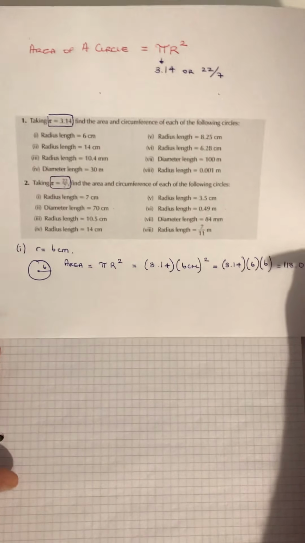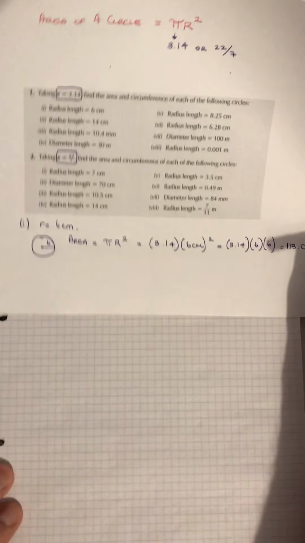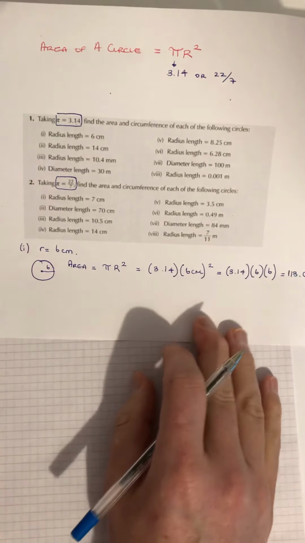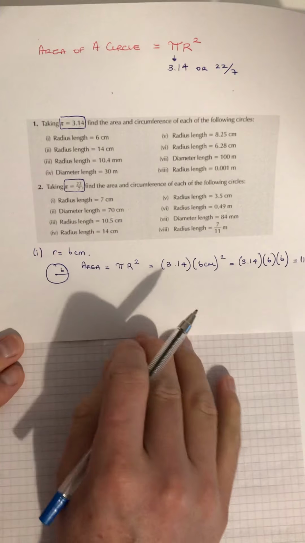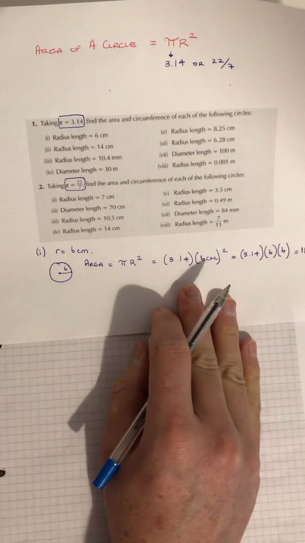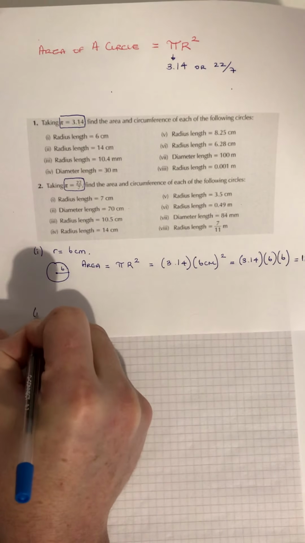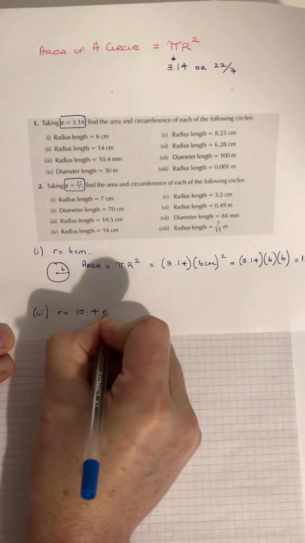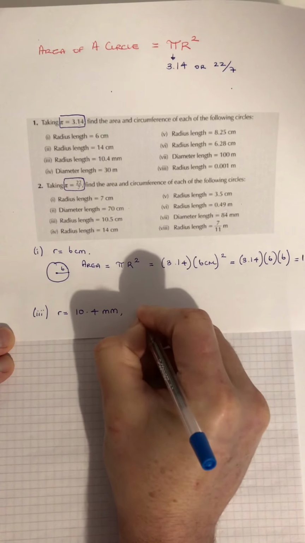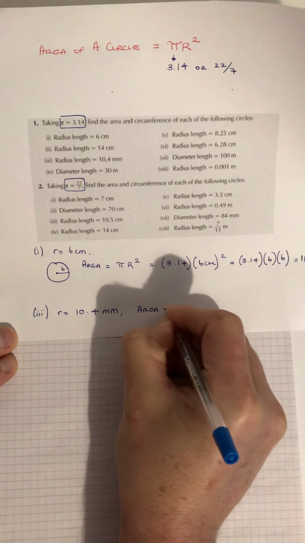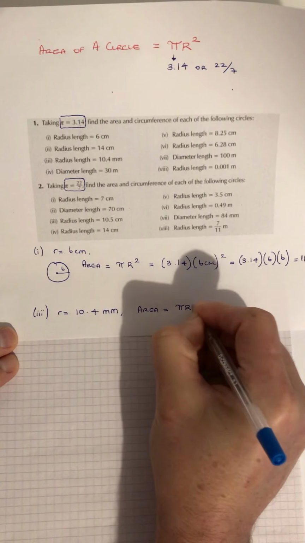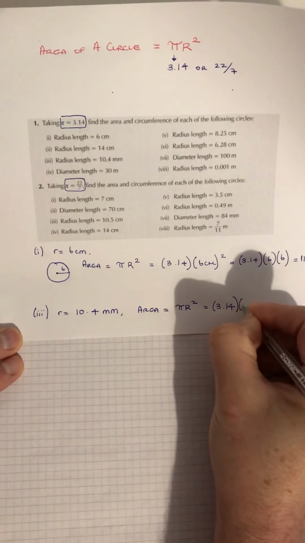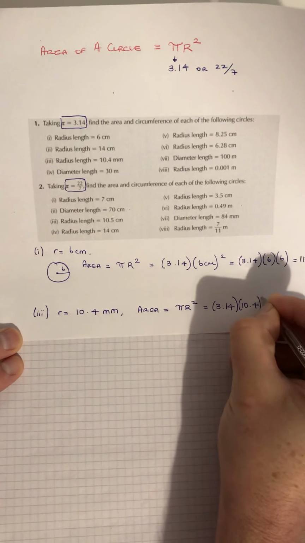Okay, so that's just to give an idea how we go about doing these. Alright, so I'm going to just move that up there as a little example for you, and I'll continue doing out a few of these then for you here. Okay, so what happens with part 3, where the radius is equal to 10.4 millimeters? Well, the area is equal to pi r squared, which is 3.14 multiplied by 10.4 squared.